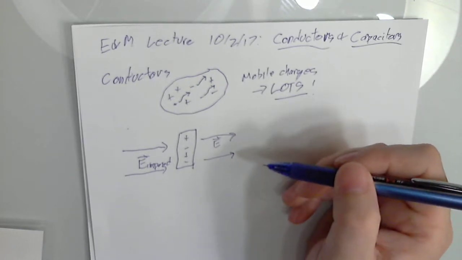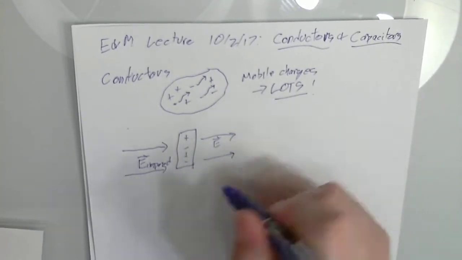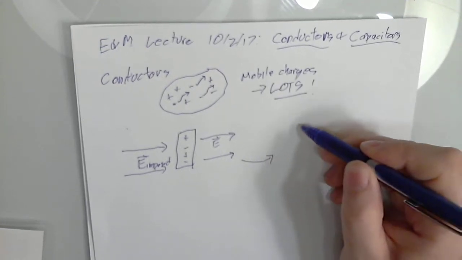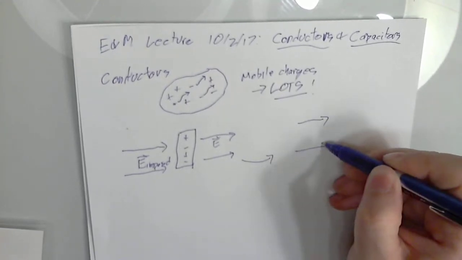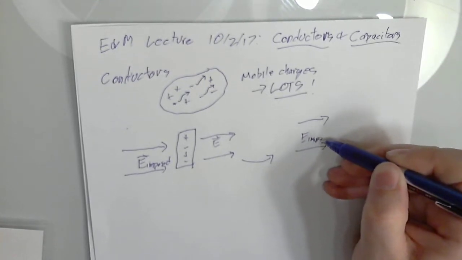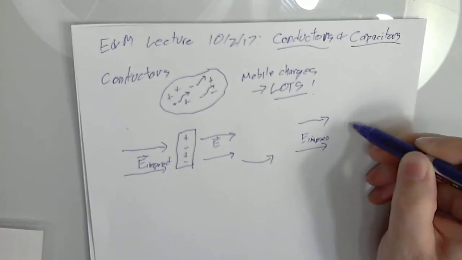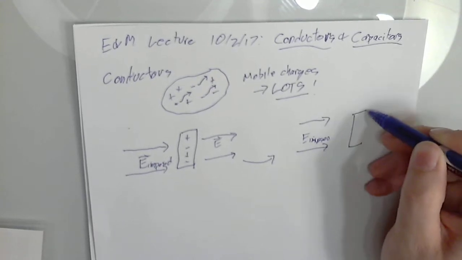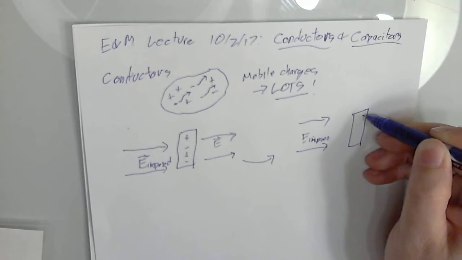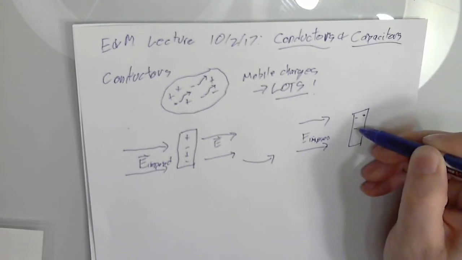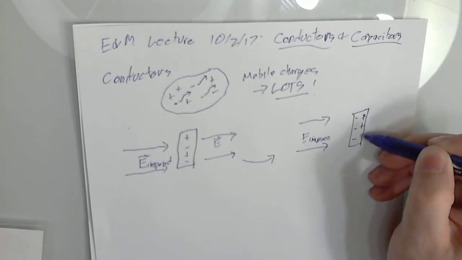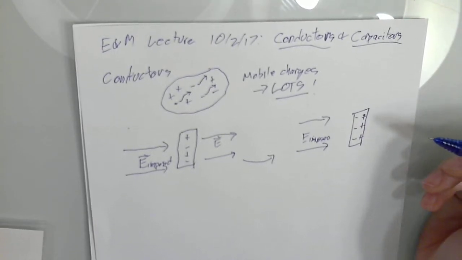The negative charges will be pushed in the opposite direction, such that what happens eventually is you have a situation in which you still have your imposed electric field, but some fraction of the negative charges, oops, sorry, wrong way, have moved over to the left and left behind some fraction of positive charges on the right.